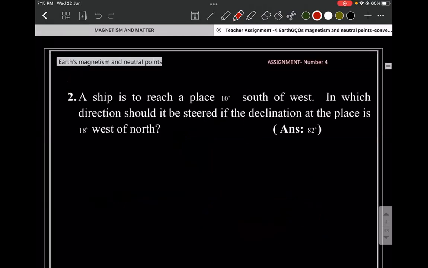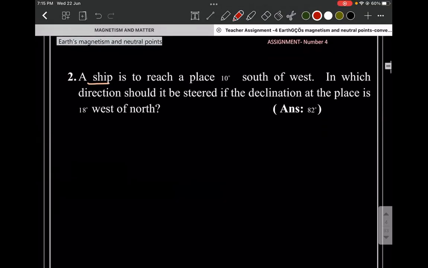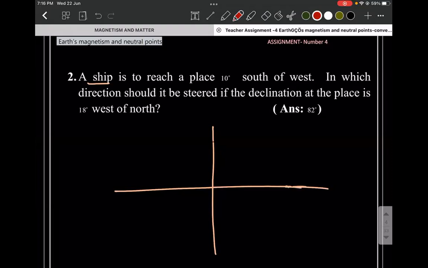Next is this. Concentrate on this one. It's a good problem. There is a ship intending to reach a point 10 degrees south of west, means from west you have turned 10 degrees towards south.